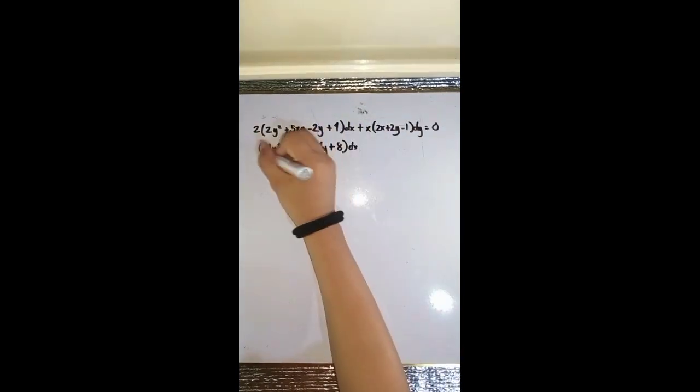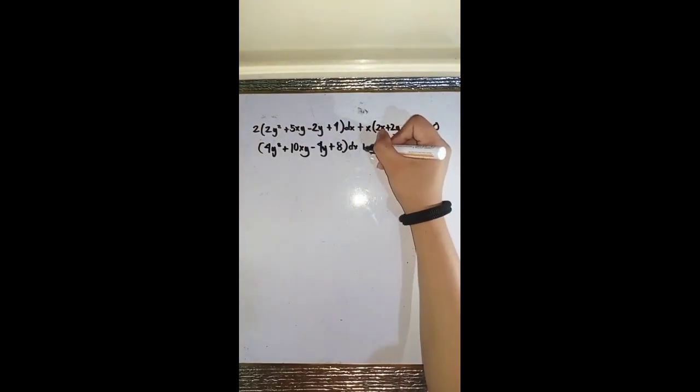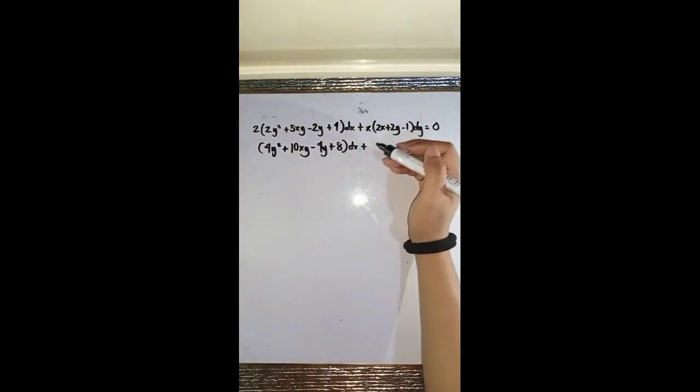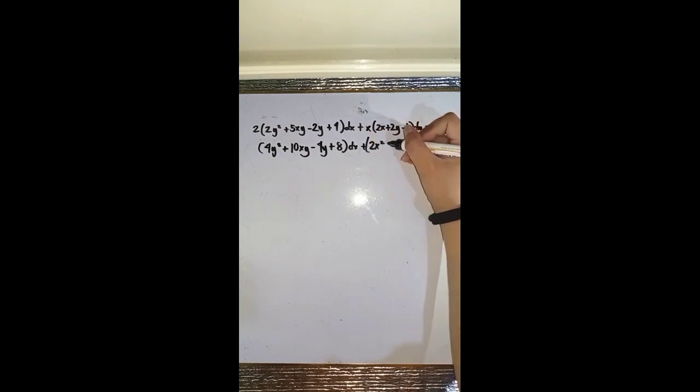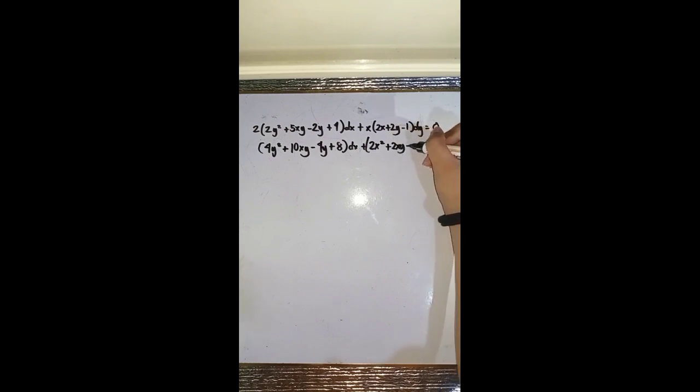So 4y squared plus 10xy minus 4y plus 8x dx plus 2x squared plus 2xy minus x dy.